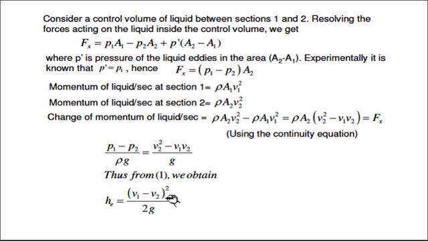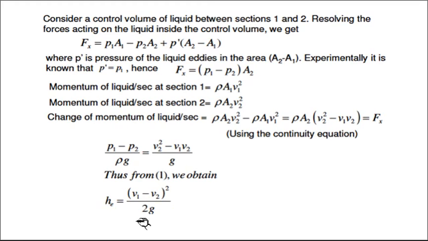Remember that this is the value of minor loss due to the sudden expansion. This value is obtained by putting all the values of (P1 minus P2) upon gamma and V2 square minus V1 V2 upon g.